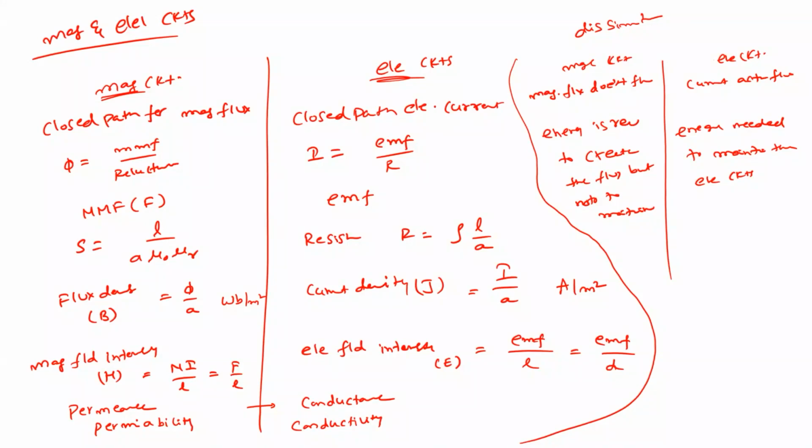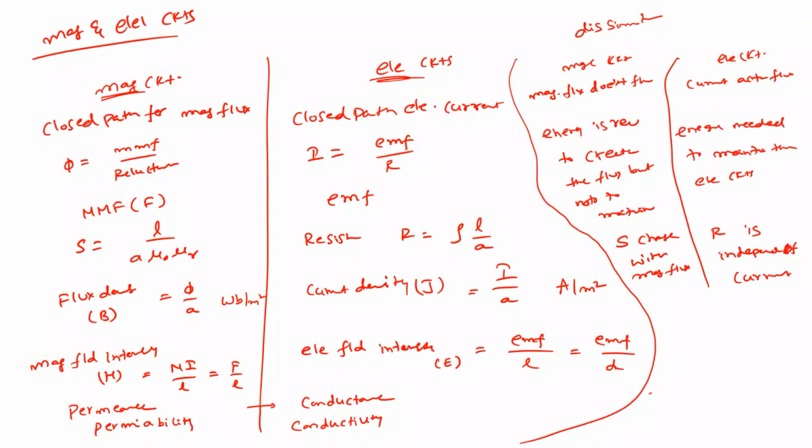And the thing is that the reluctance of the circuit changes with the magnetic flux. So here reluctance S changes with magnetic flux, whereas this resistance R is independent of current.